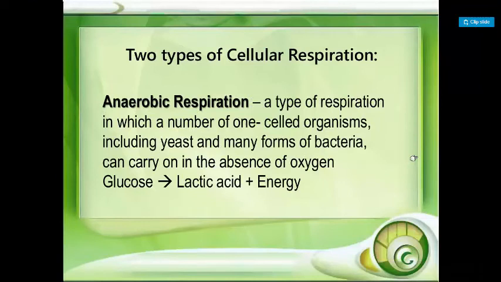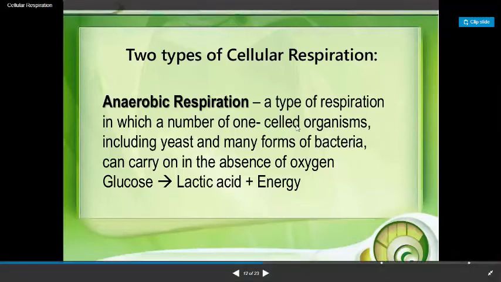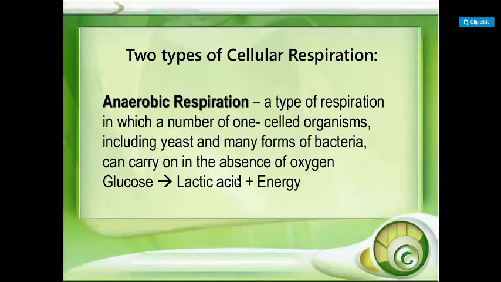Anaerobic respiration, because it's part of cellular respiration, we call it glycolysis. Glycolysis is the breaking down of glucose. It's a type of respiration which a number of one-celled organisms, including yeast and many forms of bacteria, can carry on in the absence of oxygen. Here they describe it as it happens in bacteria, but it's also a part of cellular respiration.